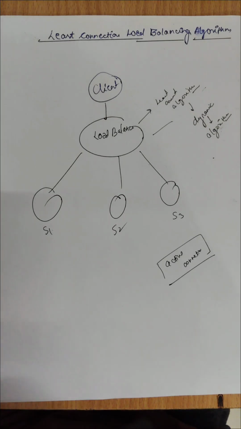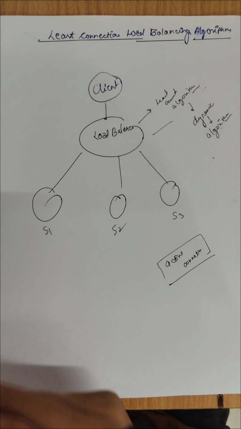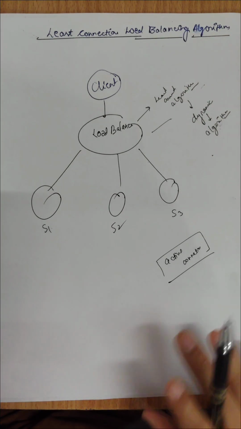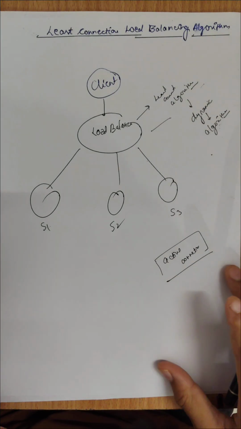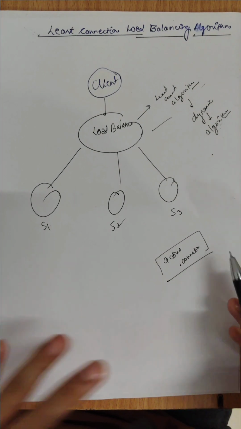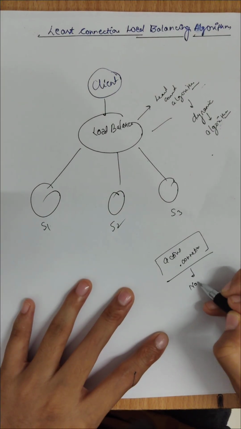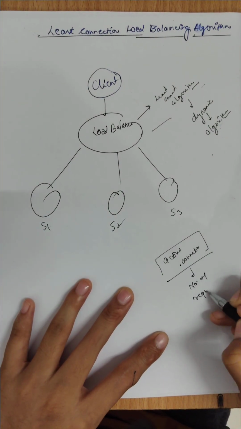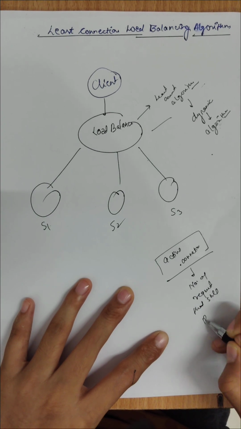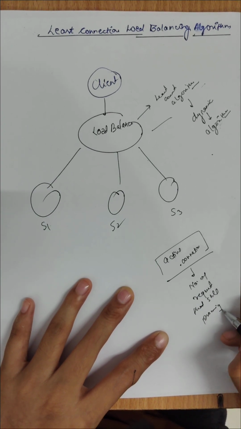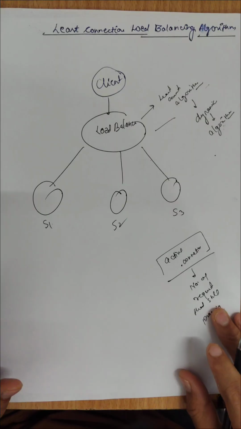They are in the process of being resolved. So active connection basically means the number of requests that are still being processed by the server, not completed. The request is not resolved yet.